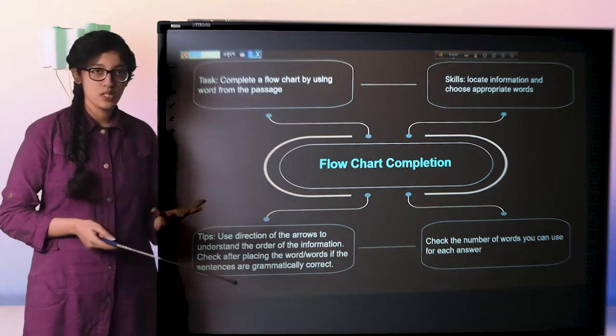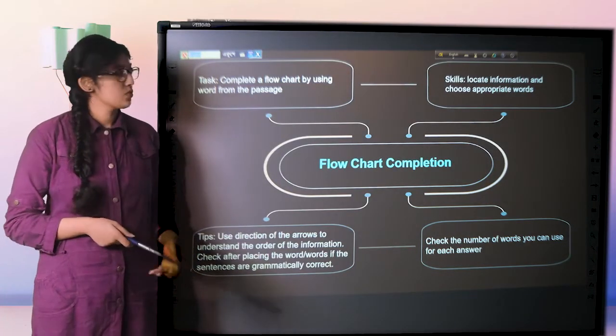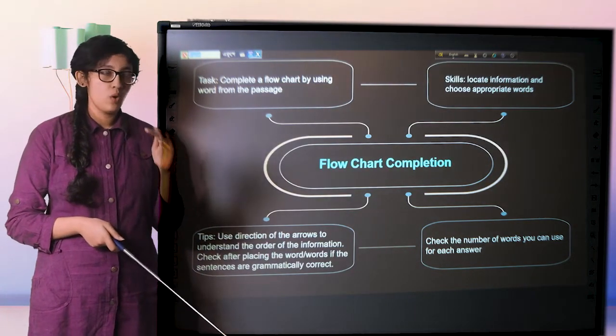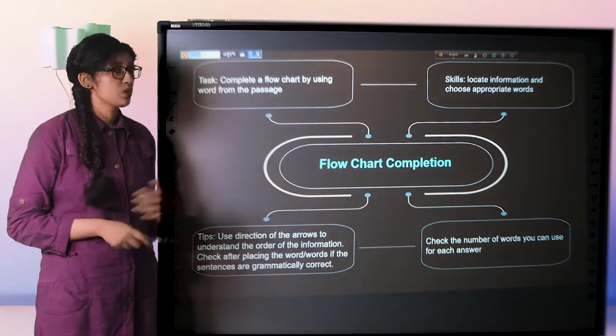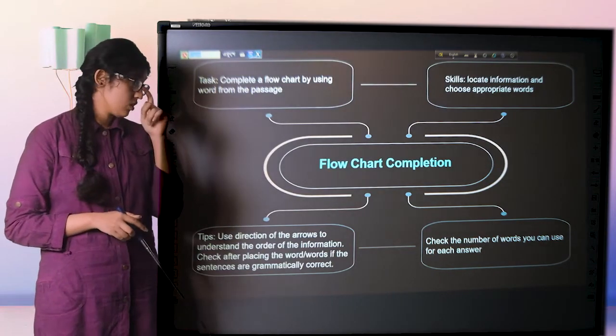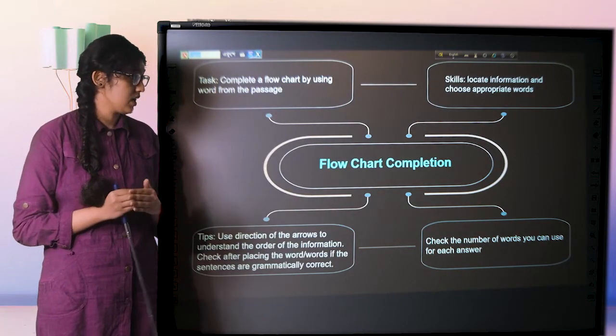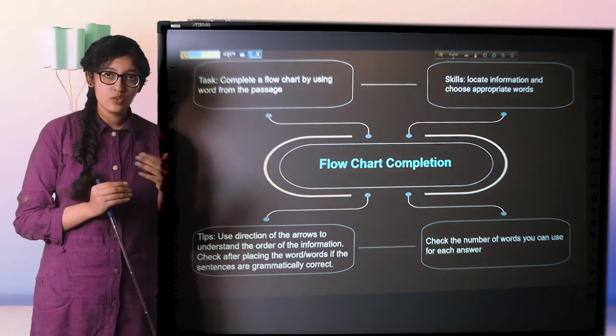It's very simple. You're going to be given a flowchart. This flowchart will have either blanks or incomplete sentences, and you would need to complete the whole thing. A flowchart basically is a set of instructions, and it might or might not have arrows.